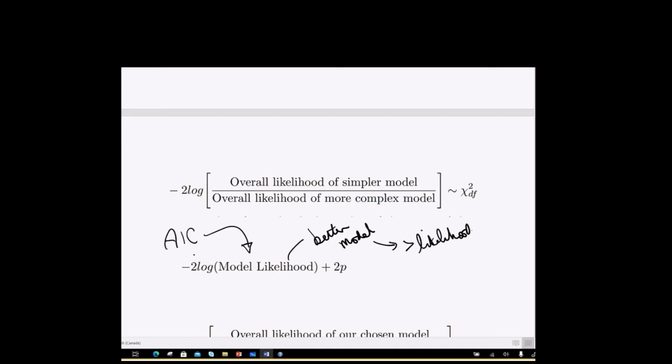However, when we multiply that by -2, the better model is going to tend to have the smaller AIC. But after we calculate that part of the equation, we calculate this part of the equation, and we can think of this as being the penalty for having more parameters.